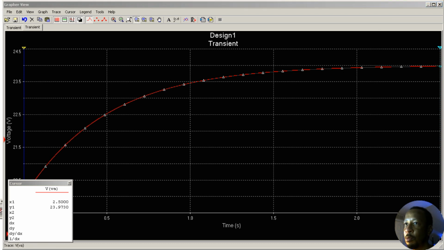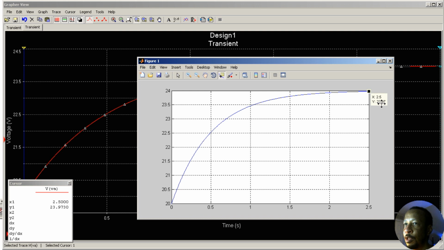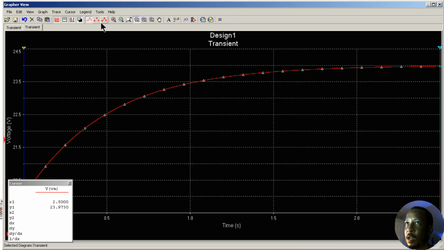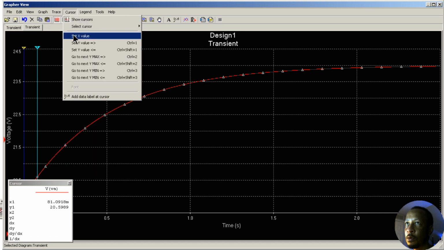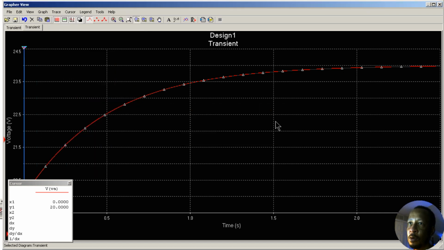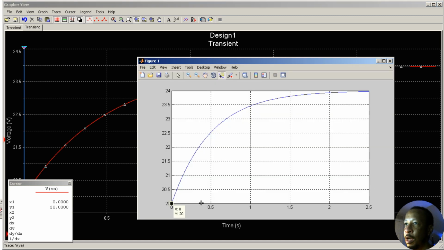I get 23.97. What do I get there? 23.97. And let me go all the way back down to 0. I get 20 for time equals 0. With the cursor at x value 0, I get 20. So all of these values check out for 0, 0.5, 1, 1.5, 2, and 2.5.